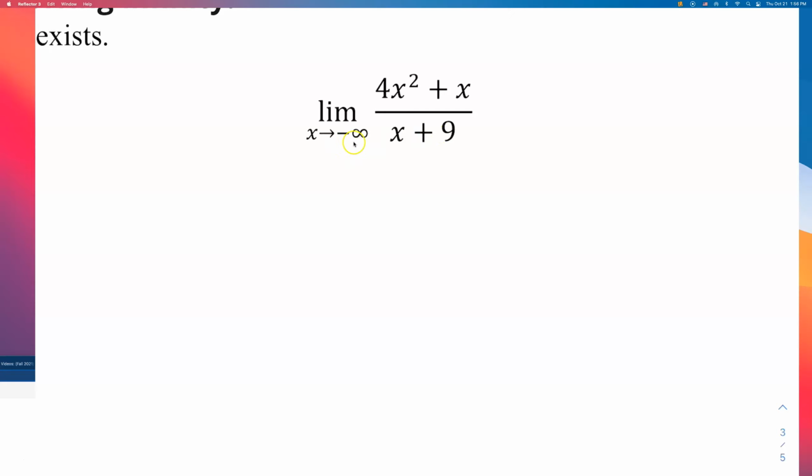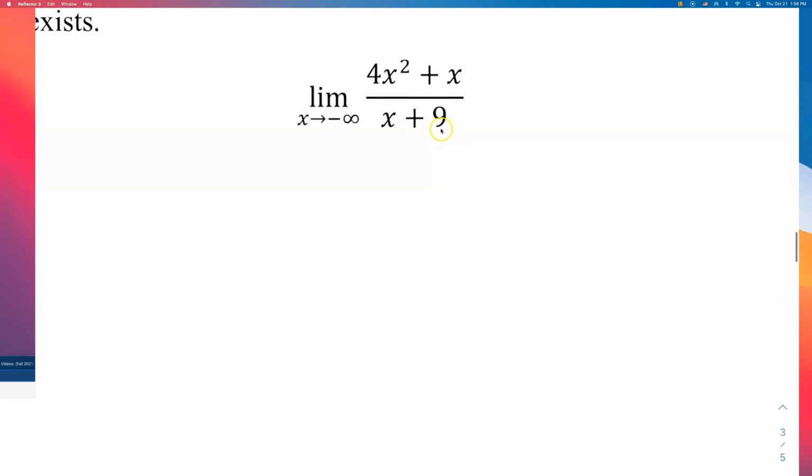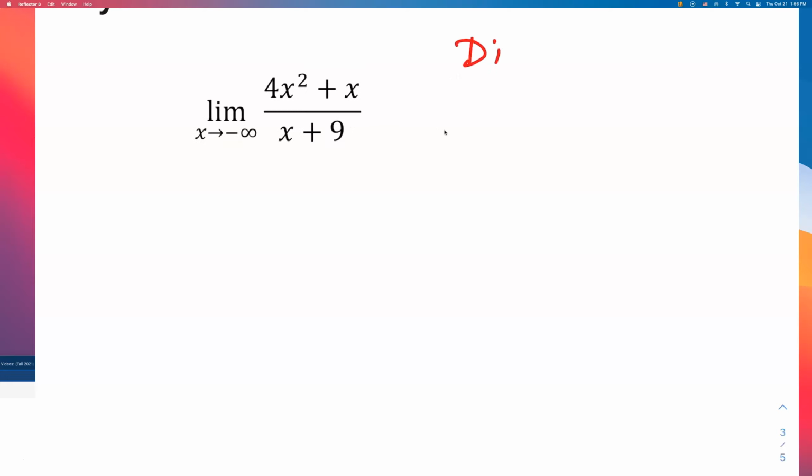To the left end of the graph, is this function approaching any specific y value? But let's use that one strategy that we learned about last unit. Divide every single term. Divide all terms by, we have to find which term has the biggest exponent in the bottom of the fraction.